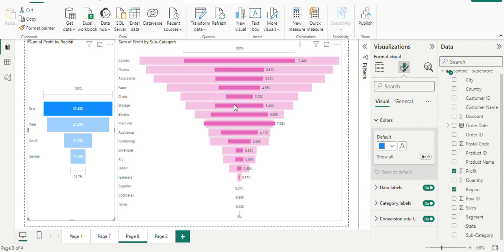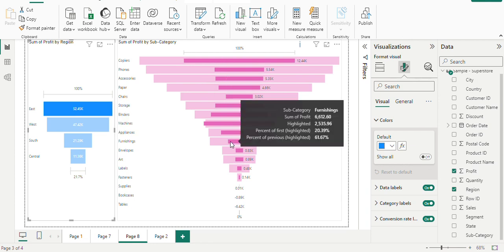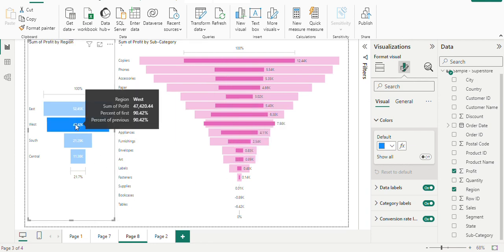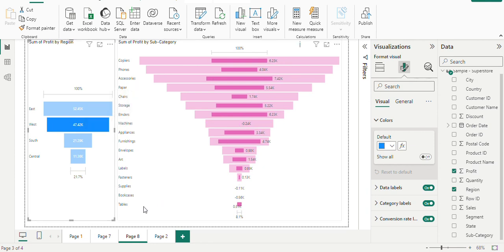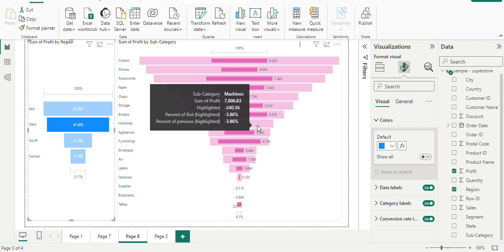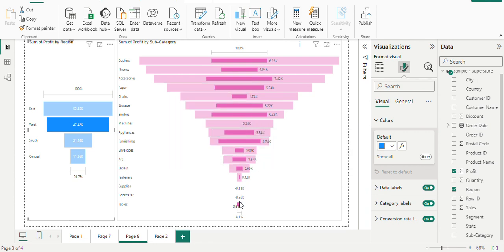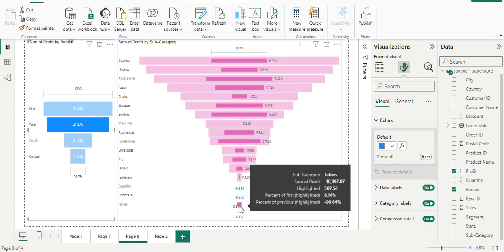So we can see how it changes for the east side. Then we select the west side data, and here we can find an interesting thing. Machines have a negative profit, which means they are in loss.